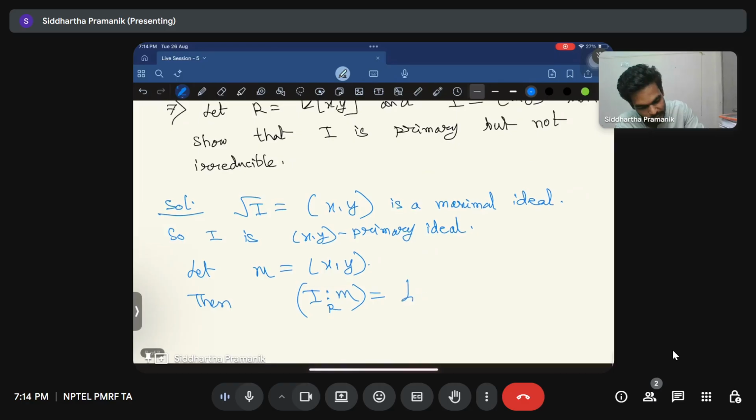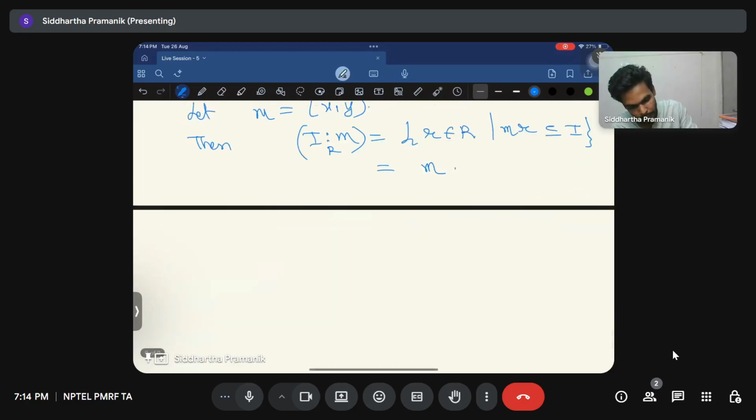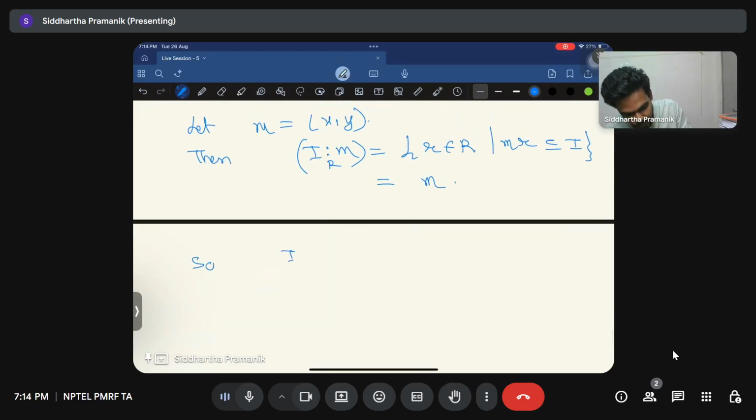This is basically the set of r in R such that M r is a subset of I. You can check that this is exactly equal to M. So if you take this quotient, this is basically M mod I, which is (x, y) modulo (x, y) squared.